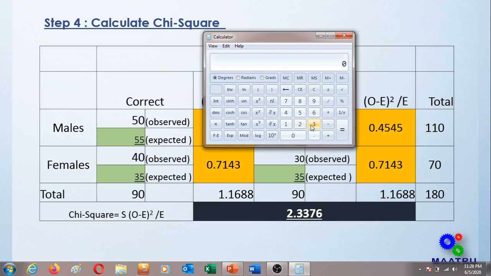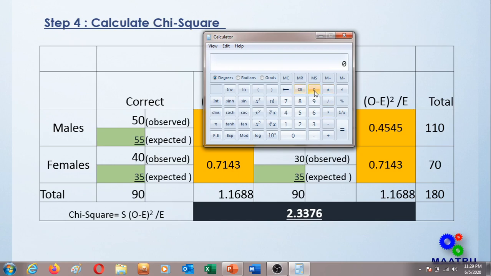This time we do something differently. Expected value minus observed value equals minus 5, whole square, divided by expected value. That is 0.714285, which when we round it up is 0.7143. Same here, because the difference between both of them is the same.